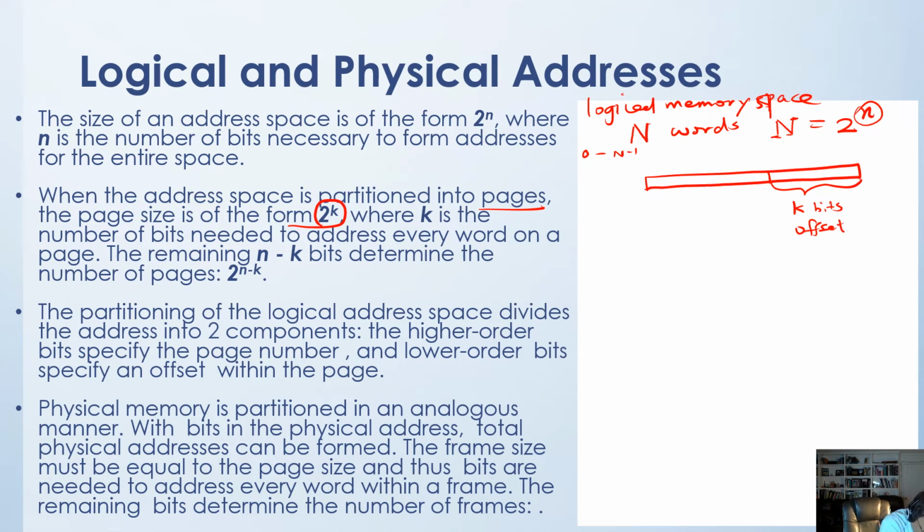And because the total logical memory address uses n bits, that leaves the high order n minus k bits. That n minus k space represents the page number.